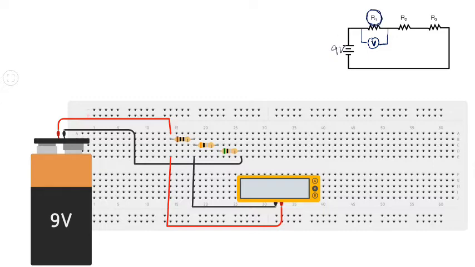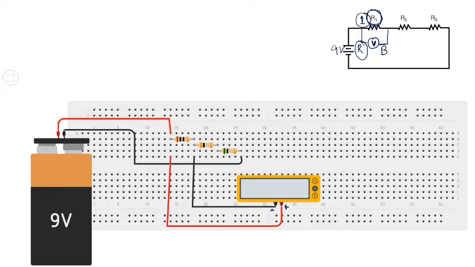So this is the positive probe of the voltmeter and this is the negative probe of the voltmeter. I'm taking red color for the positive probe and black color for the negative probe. So let us say this is your red probe and this is your black probe. The red probe is connected to the first terminal of R1.